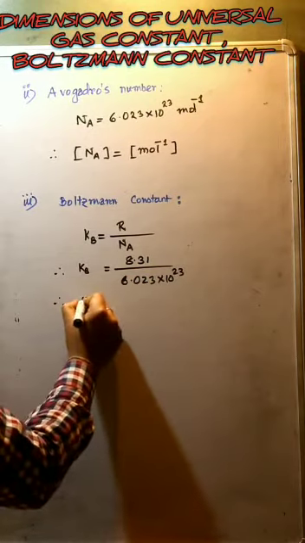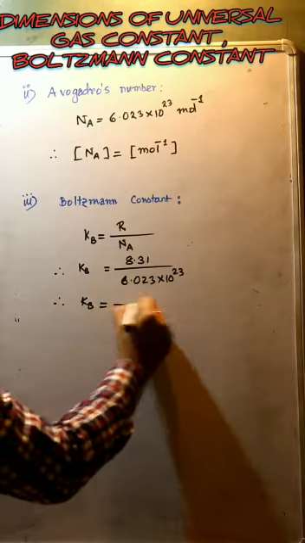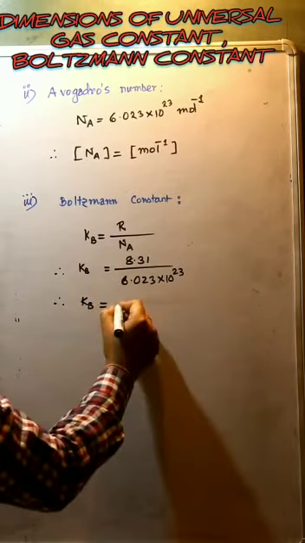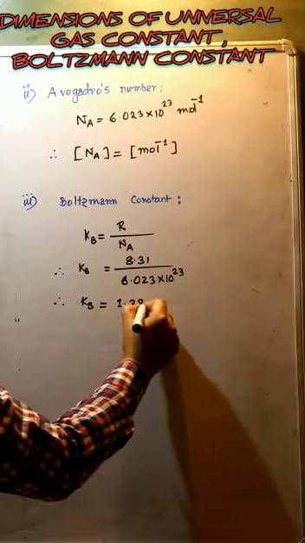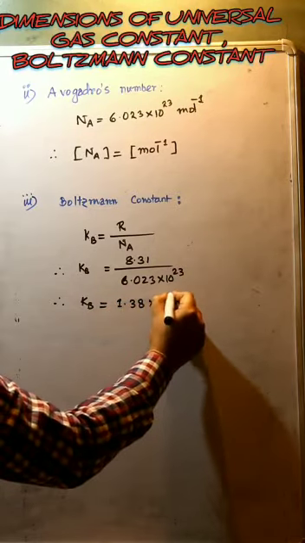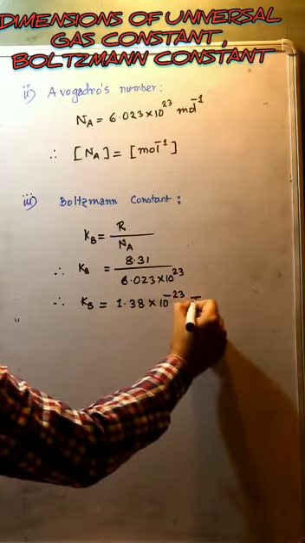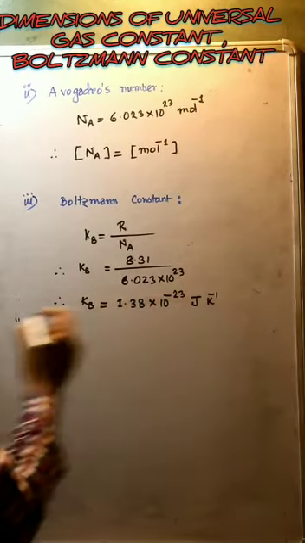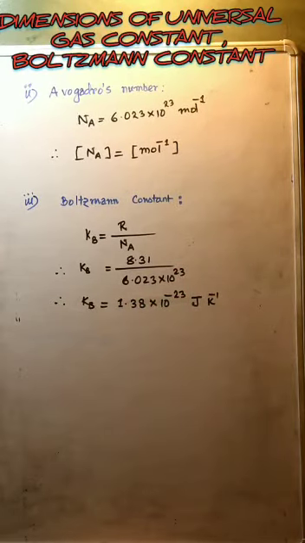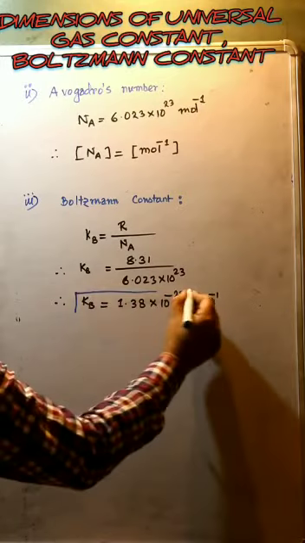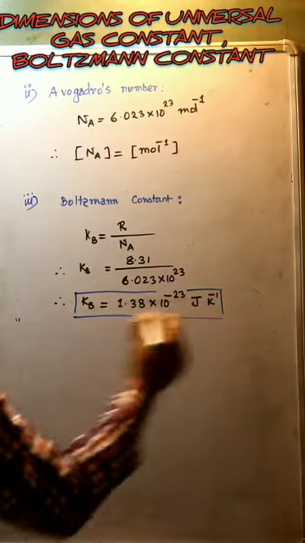Hence the value of Boltzmann constant, if we divide, is 1.38 into 10 to the power minus 23 joule per Kelvin. This is the value of Boltzmann constant, and we have to memorize this value also.